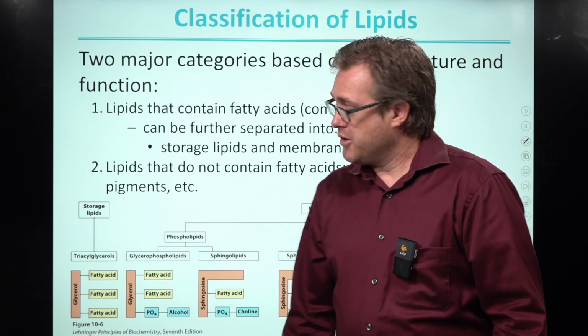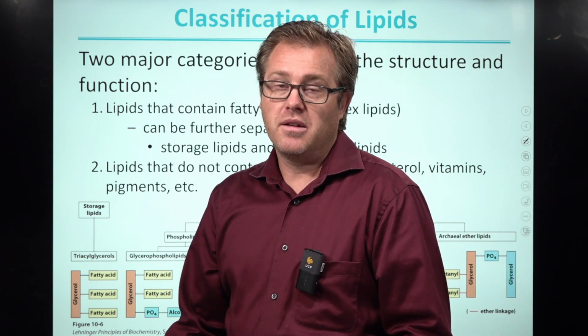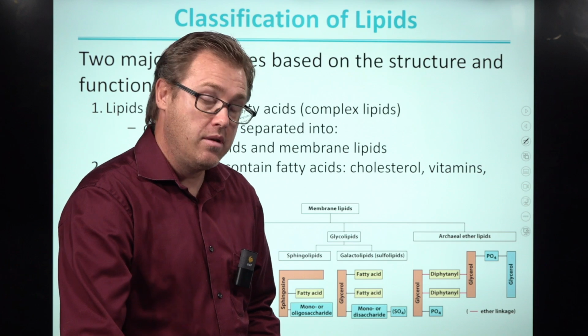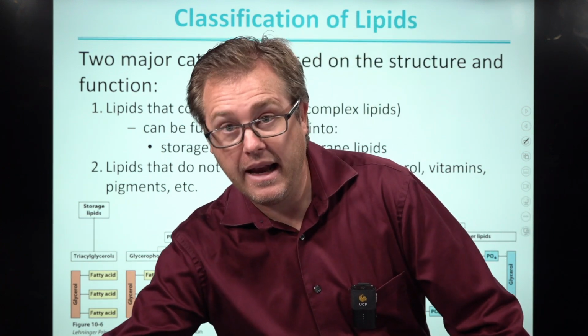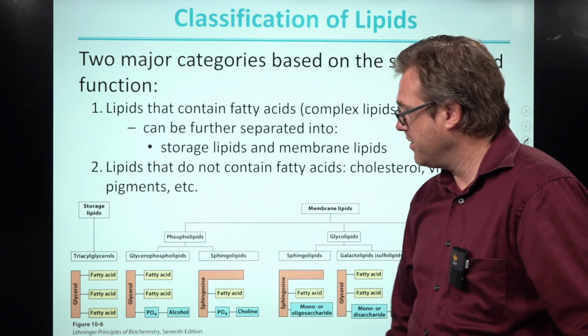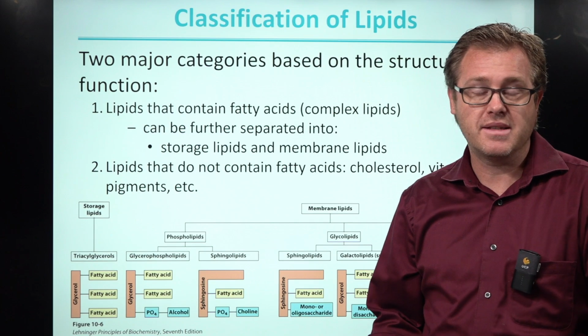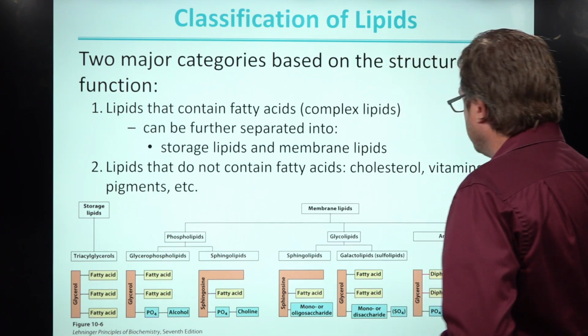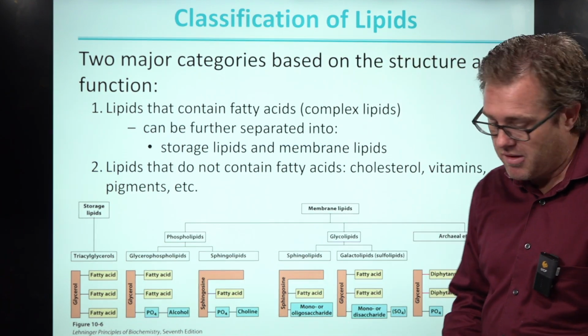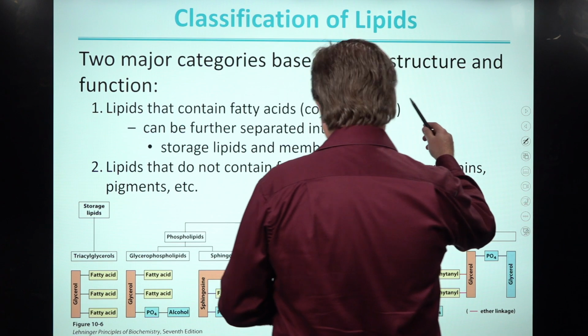So triacylglycerols right there, composed of a glycerol backbone and has the 3 fatty acids. And those 3 fatty acids can be all the same or different. Let's make sure we understand what glycerol looks like. Let's draw that right here, shall we?